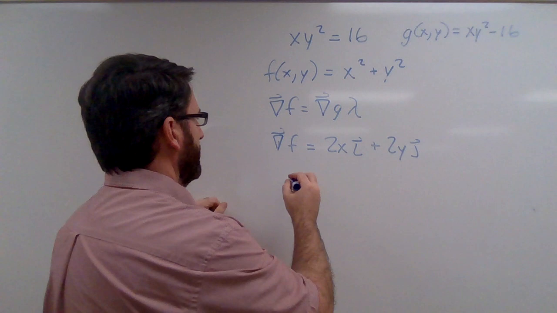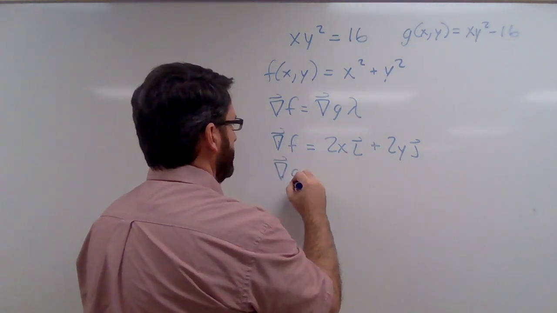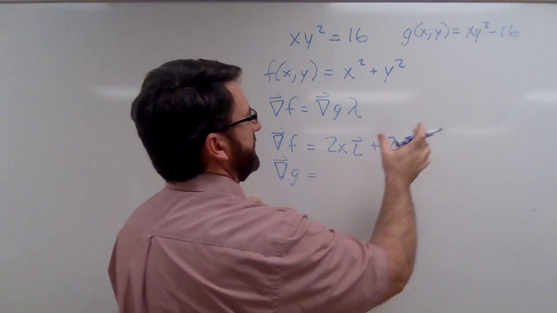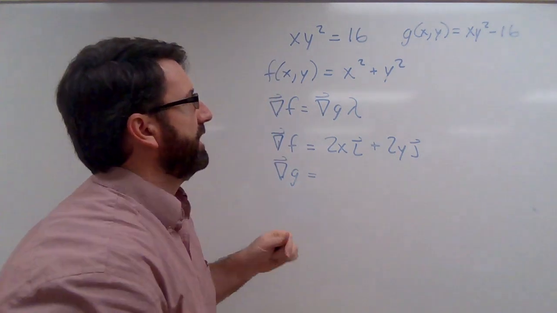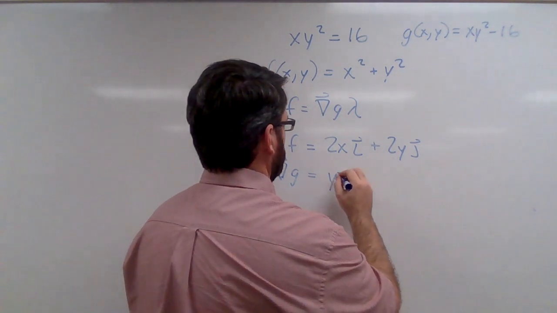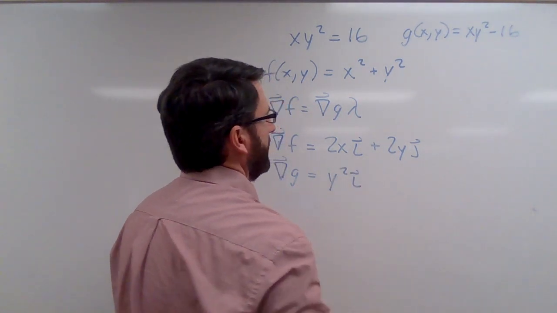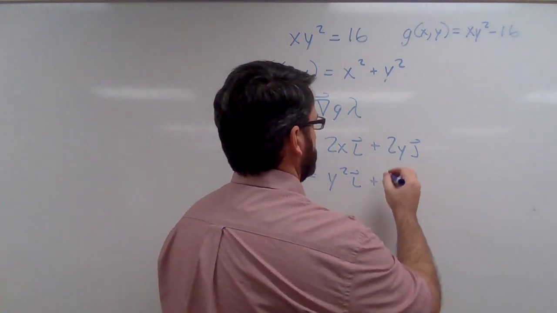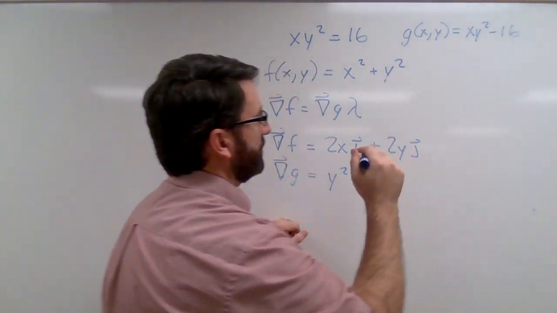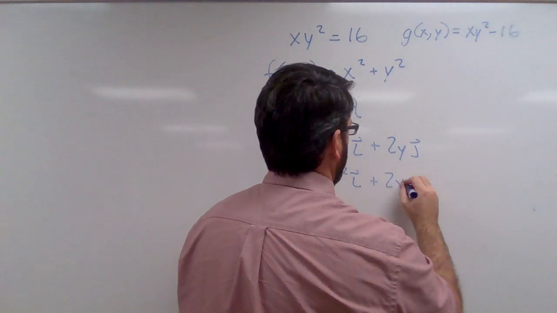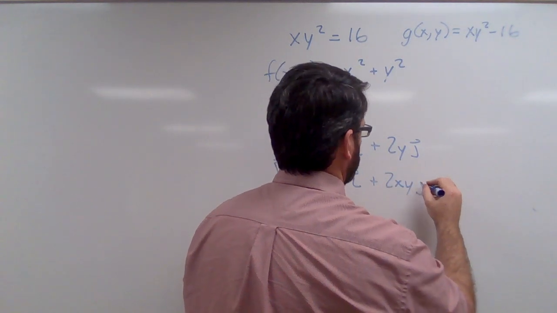All right, next, the gradient of g is going to be the partial derivative with respect to x, which would just be y squared, plus the partial derivative with respect to y, which is going to be 2xy times j.